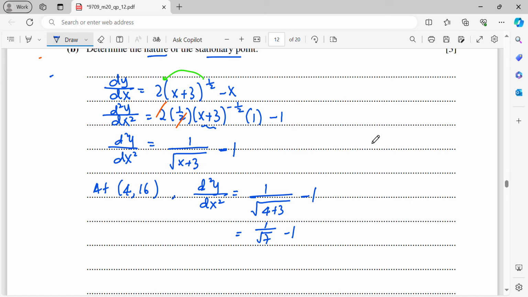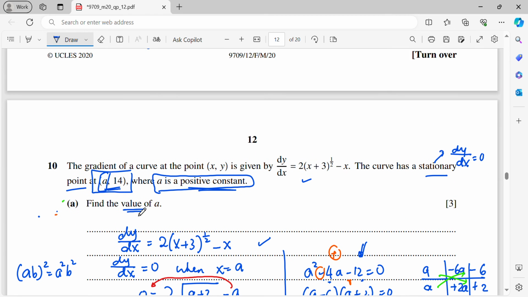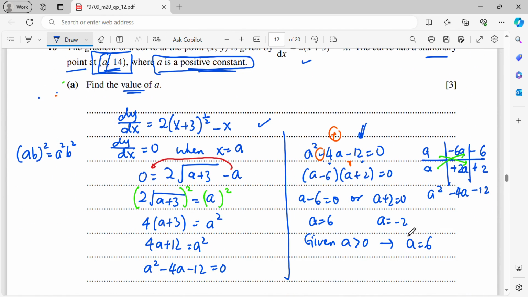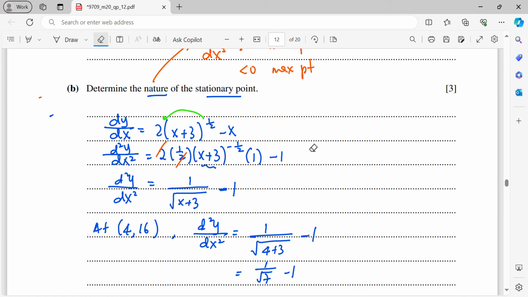Now here, the stationary point is (a, 14), so your a is 6, so at (6, 14), it means that x is replaced by 6, then plus 3.